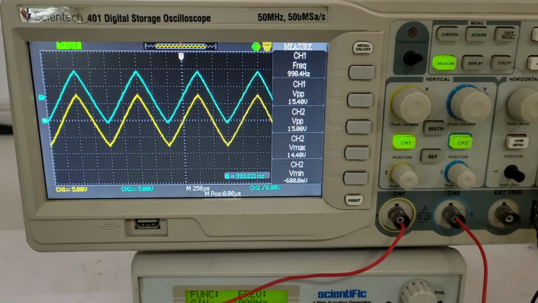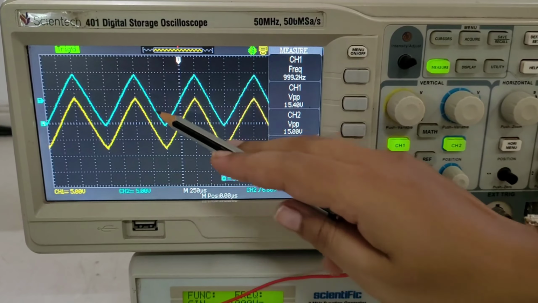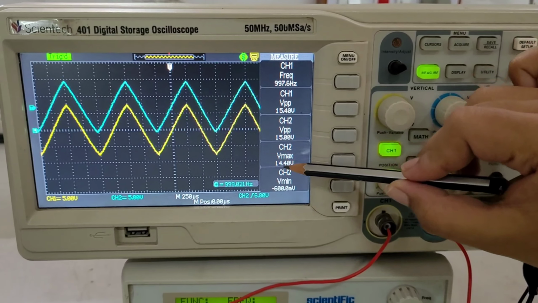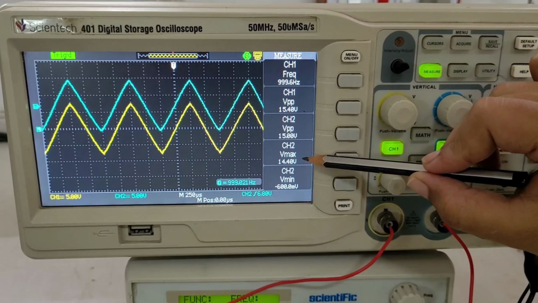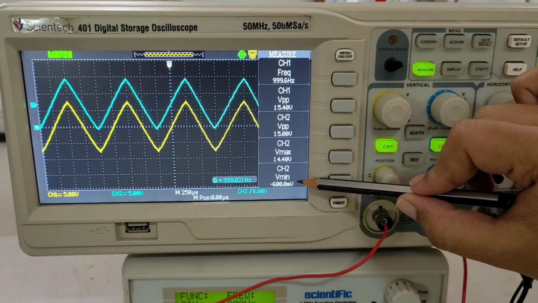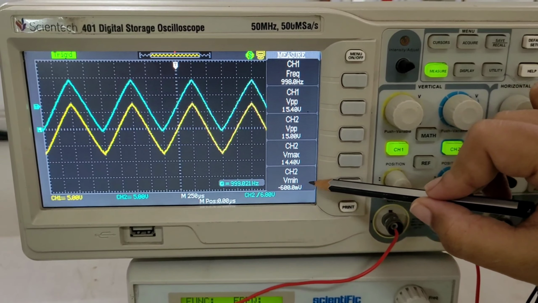These are the output waveforms. As we can see, the input signal is shifted to the positive portion, and in channel 2 the V maximum voltage is around 14.4 volt and V minimum is around minus 600 millivolt, which is nothing but minus 0.6 volt.